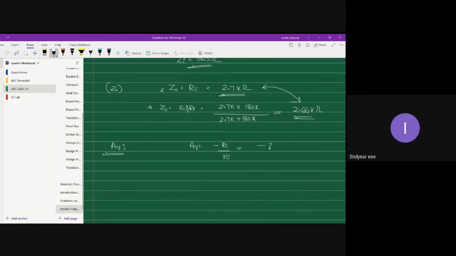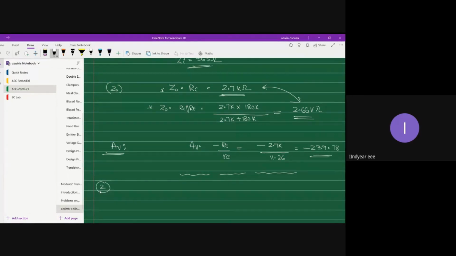So minus 2.7K divided by RE, 11.26. So it's minus 239.78. Okay, so that's the solution for collector to base bias circuit.